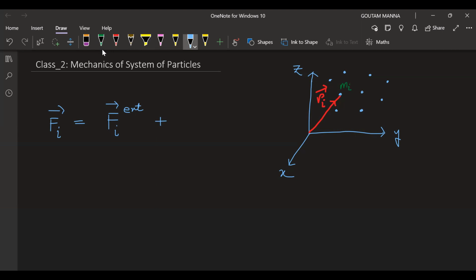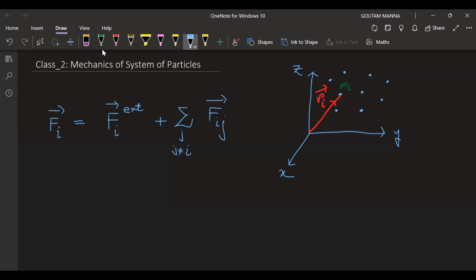So on this ith particle, all the other masses can exert force. So we can write the sum over all j, where j is not equal to i, because if j is equal to i, then it will be the same particle. A particle cannot exert force on itself. So that's why j is not equal to i, and then sum over all the forces due to all other particles.